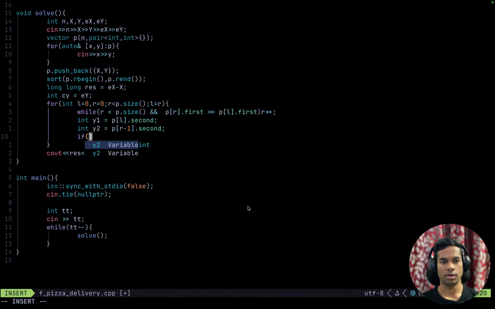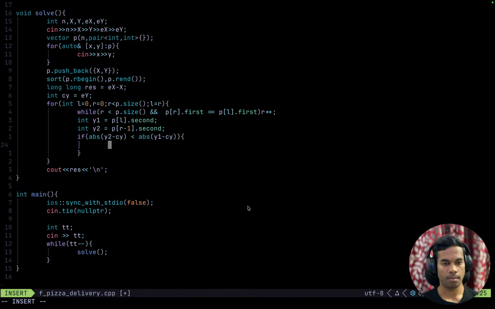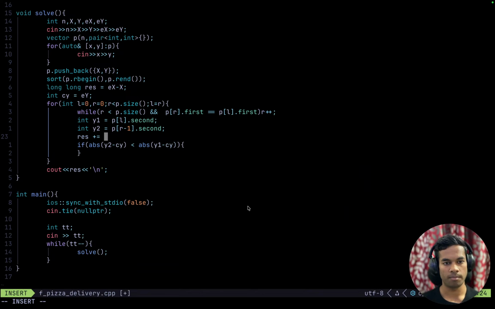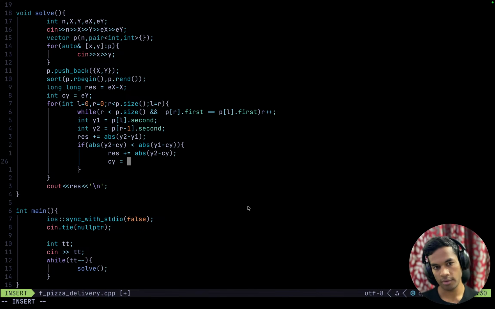So y2, if absolute value of y2 minus current y is smaller than absolute value of y1 minus current y, then we will move in that direction. Before that, res plus equals absolute value of y2 minus y1. And here, if this one is closer, we will move in that direction, absolute value y2 minus cy, and current y would become equal to the other one.